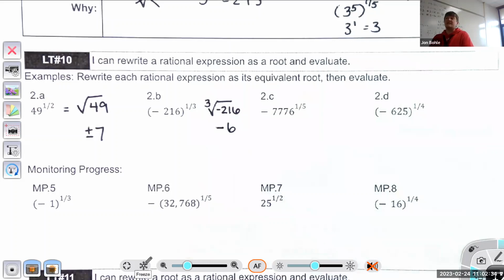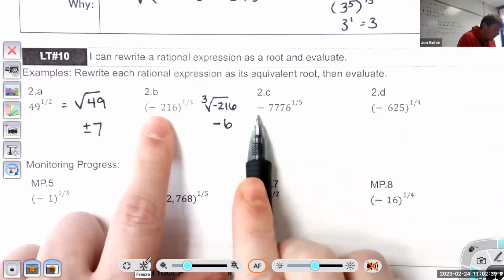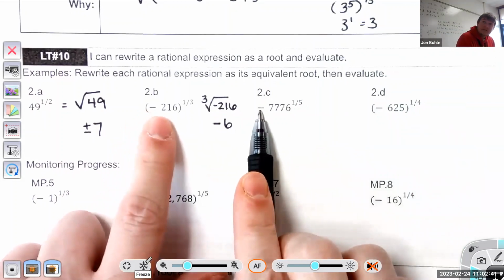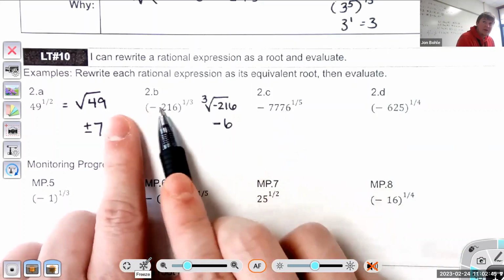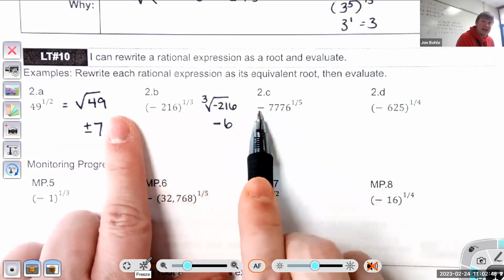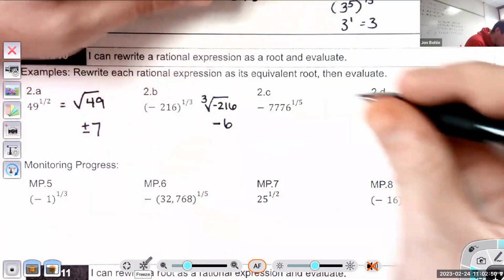Okay, now 2c is a little bit different because the negative sign is on the outside, there's no parentheses here, right? If it's inside the parentheses, it goes in the root. If it's not inside parentheses, it does not go inside the root.